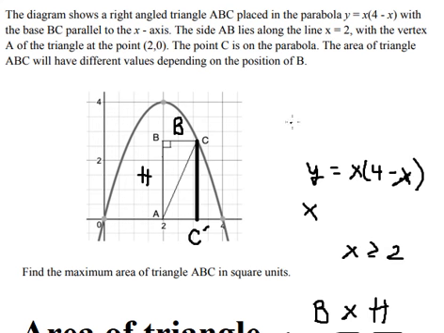As for the base, that is x minus 2. For example, we have the value of C here. If we want to find BC, we just use the location of C minus 2. That's why we have the base here. And here is the height.